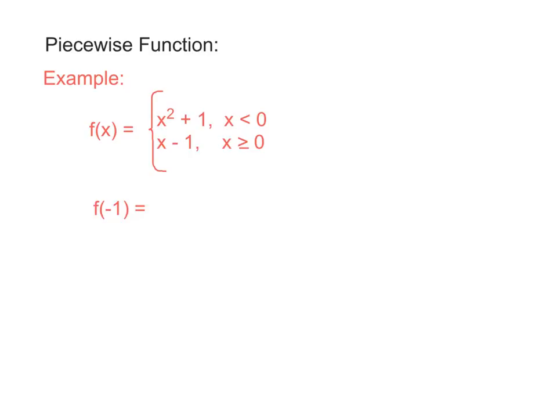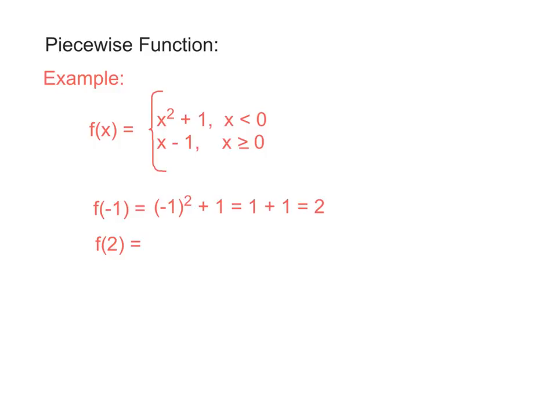So if we were to evaluate this function at minus 1, in other words, try to determine the value of f of minus 1, we would plug in minus 1 into the first equation. So we would have minus 1 squared plus 1, which is the same as 1 plus 1, or 2. So f of minus 1 would equal 2. So what if I had f of 2?